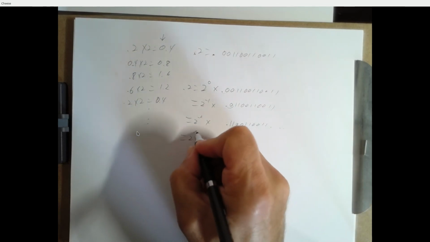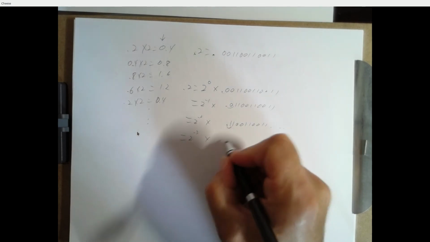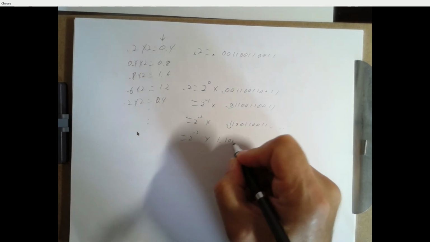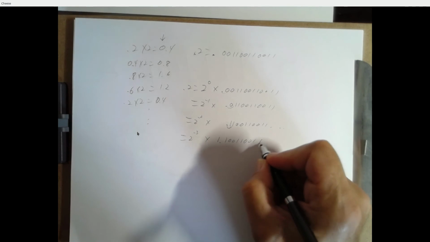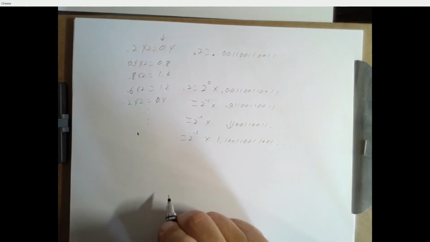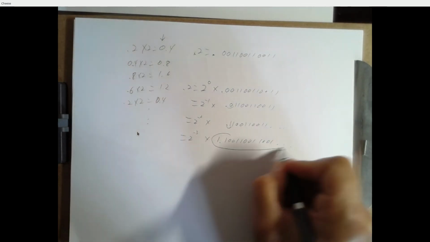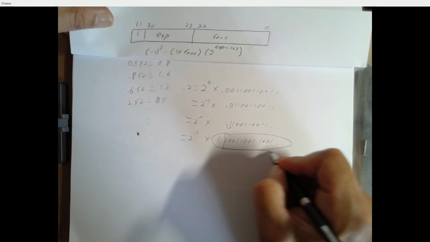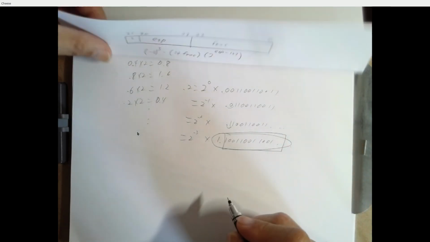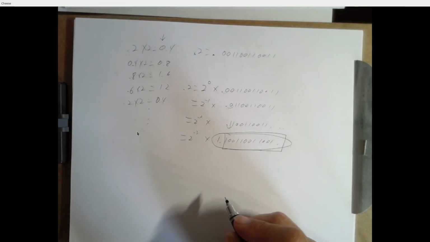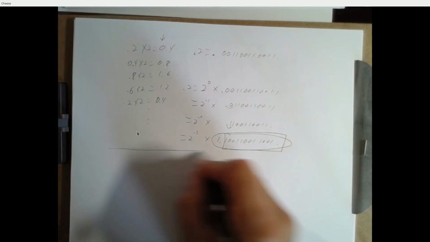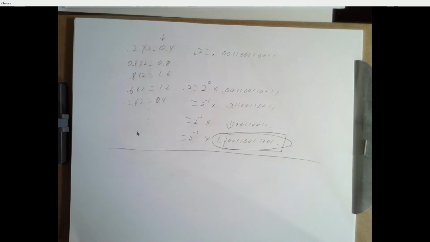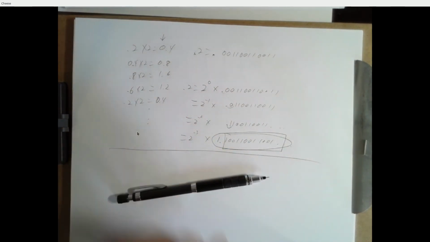And we can move this one more time and get 1.10011001, and so on. And now we have this in the form that's required. It's 1 plus a fraction, so this is the fraction that we're storing, right, which was what we just did a moment ago. So we'll play around with this in class and get some practice doing these kinds of conversions.